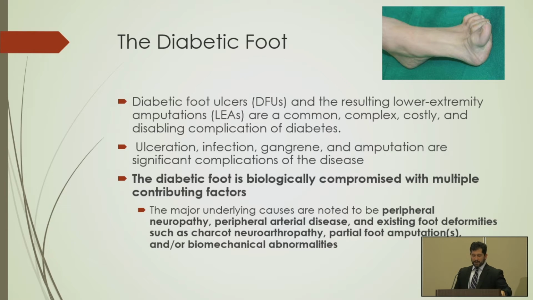Now, the diabetic foot is biologically compromised due to a couple of reasons: the peripheral neuropathy, peripheral arterial disease, existing foot traumas and deformities such as Charcot neuroarthropathy, partial foot amputations, and or biomechanical abnormalities.